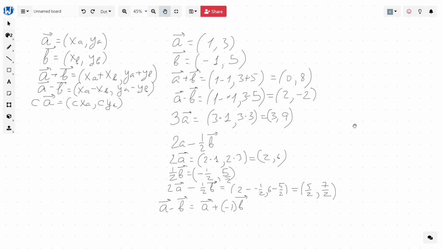And also, same as with regular numbers, when we see something like minus 1b, we will write this as minus b. It's just notation, but we use that with regular numbers too.